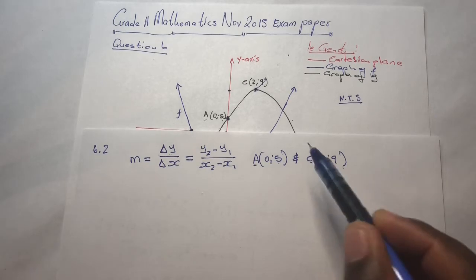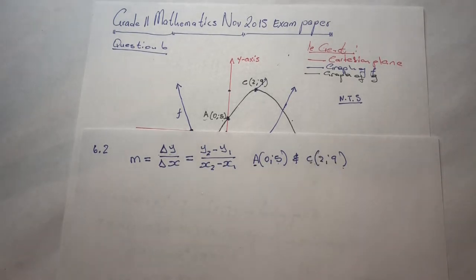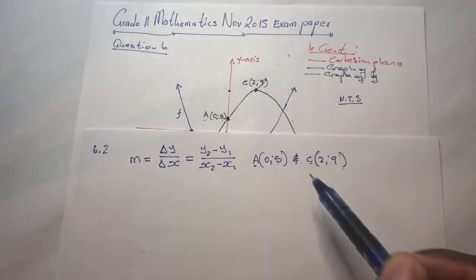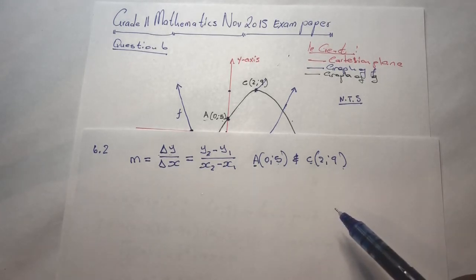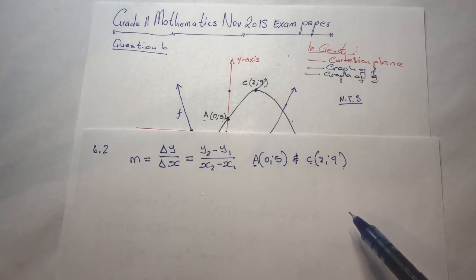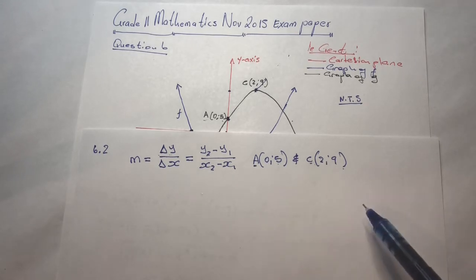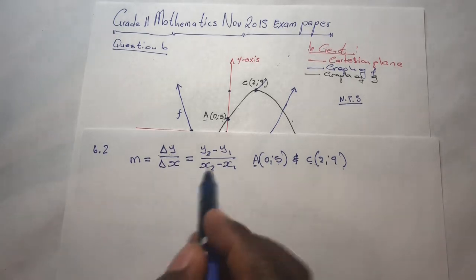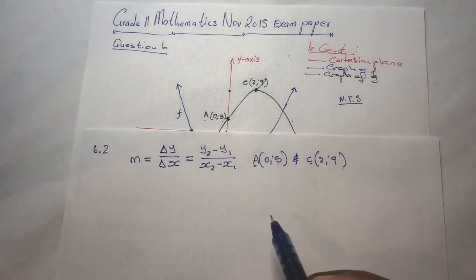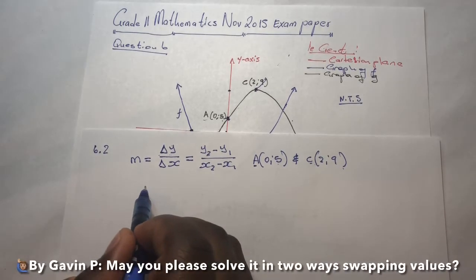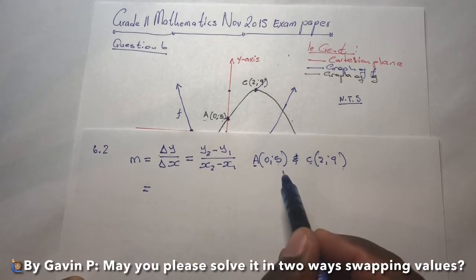So I know throughout the question, even if I need to refer back to the same coordinates, I always know which ones are my x2, y2, which ones are my x1 and y1. But it doesn't really matter. This was just how I used to assign the coordinates. So you can still do them the other way. You still get the same answer. So now let's proceed to answer this question.